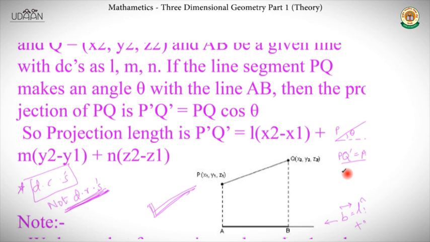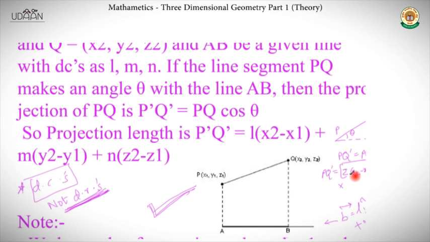PQ cos theta is PQ dash. So PQ dash equals the summation of (x2 minus x1) whole square to the power 1 by 2, into cos theta.